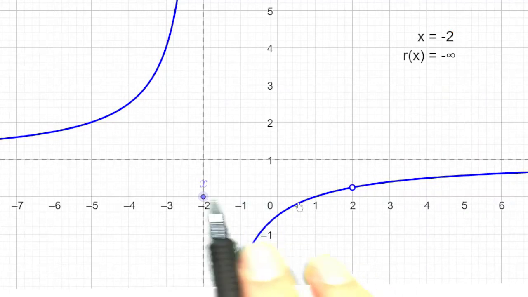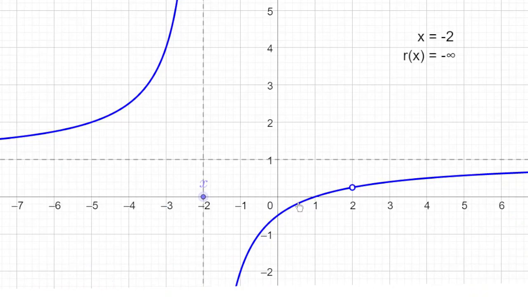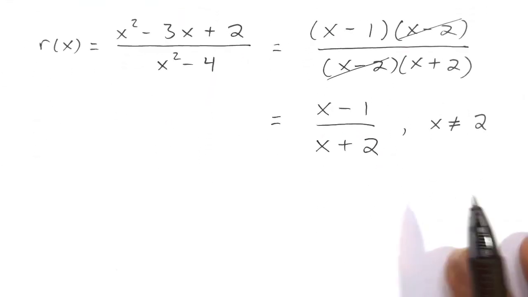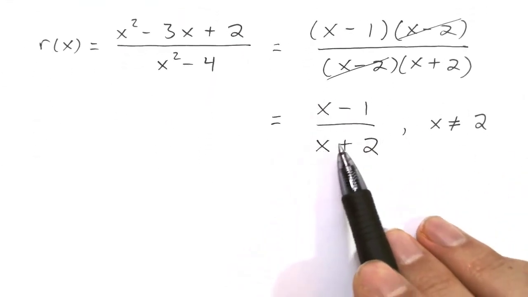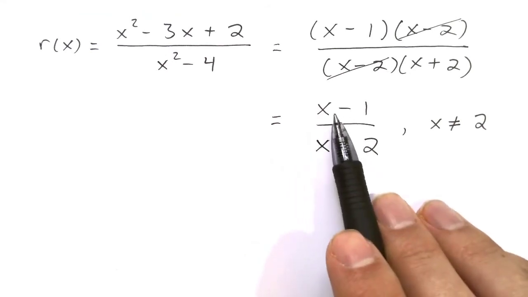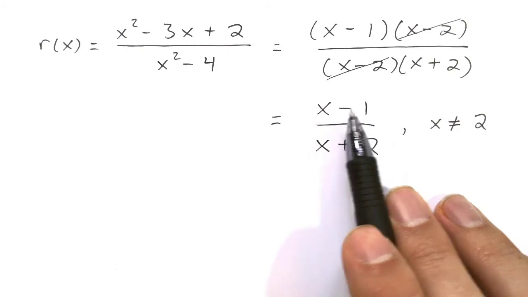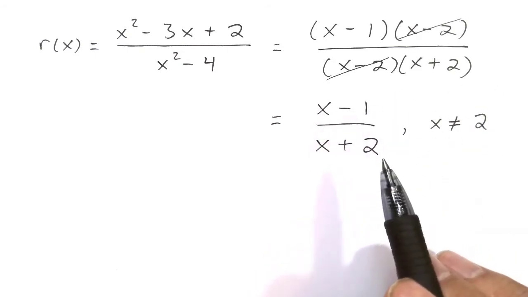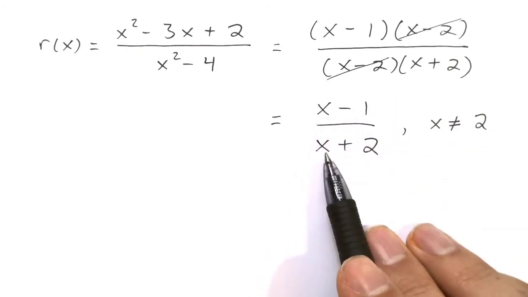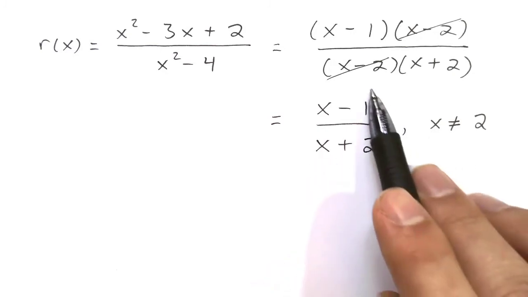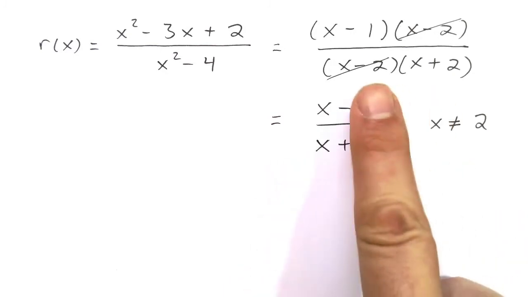Now, how do I find this horizontal asymptote? Well, for the horizontal asymptote, what I do is I imagine x is very large. All right? Well, if x is very large, I have a large number minus 1, still a very large number. It's not very different than that number. If I have 1,000,000 minus 1, it's still close to 1,000,000. And if I have 1,000,000 plus 2, it's still close to 1,000,000. So these numbers are negligible when x is large, so I ignore them.